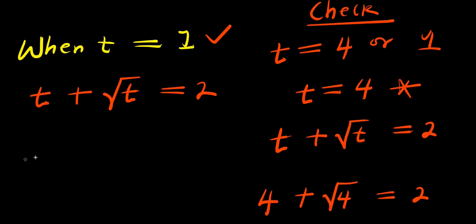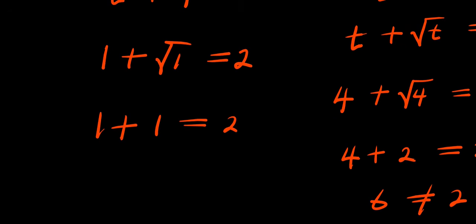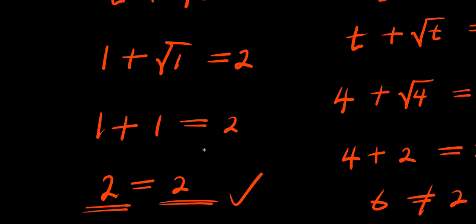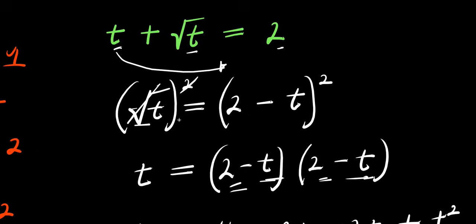We have 1 plus square root of 1 equals 2. 1 plus square root of 1 is 1 plus 1. This is 2, and this equals 2. Both sides are correct. So, guys, this is it, how to solve this radical problem.